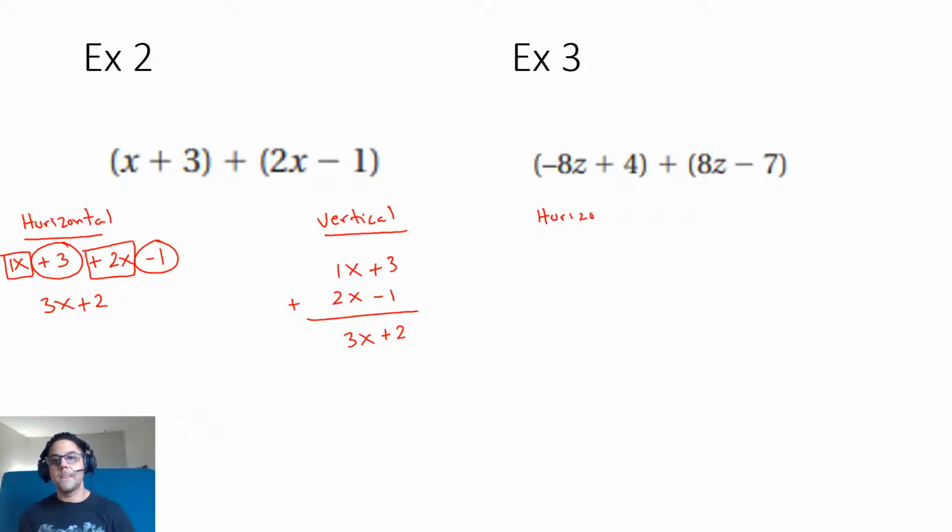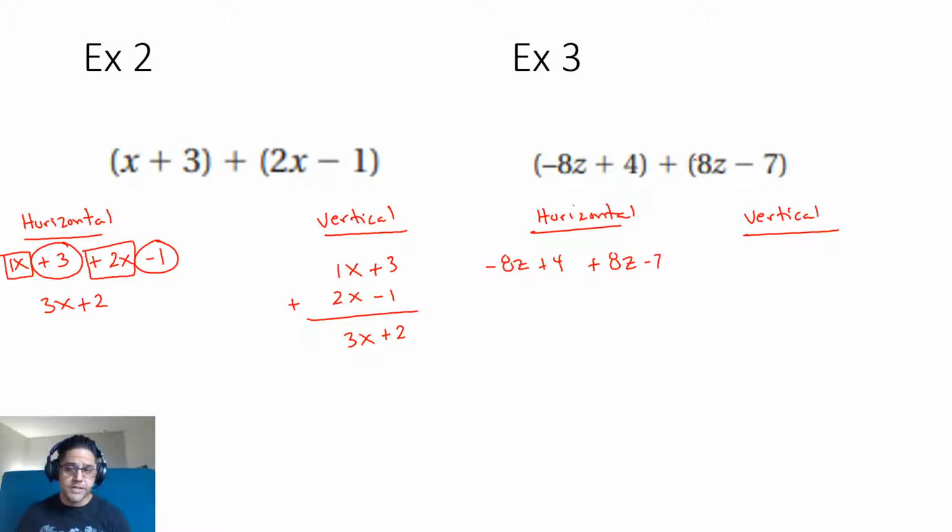Horizontal and vertical. Now, when it's addition, it's definitely easier than a subtraction problem. And we'll see that in just a bit. All right, so I've got -8z, I'm going to put a little mark there, positive 4, and then positive 8z, and -7.